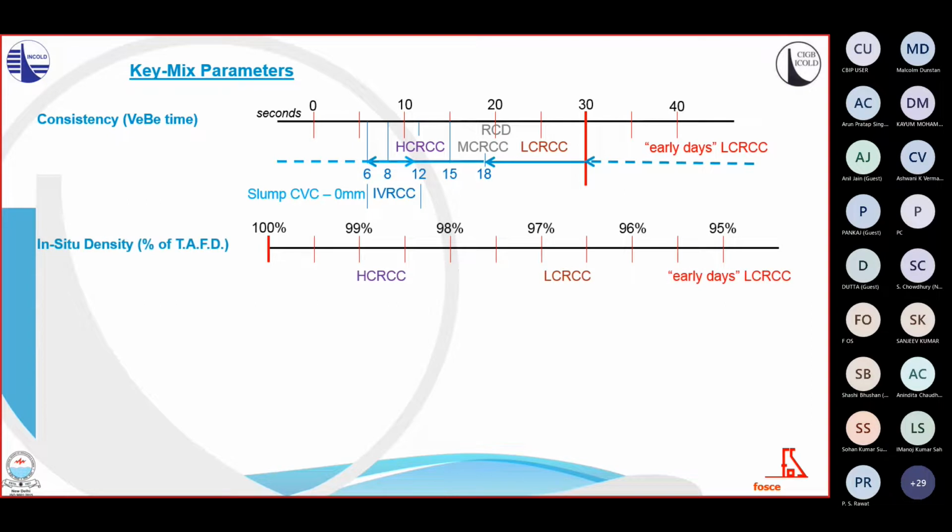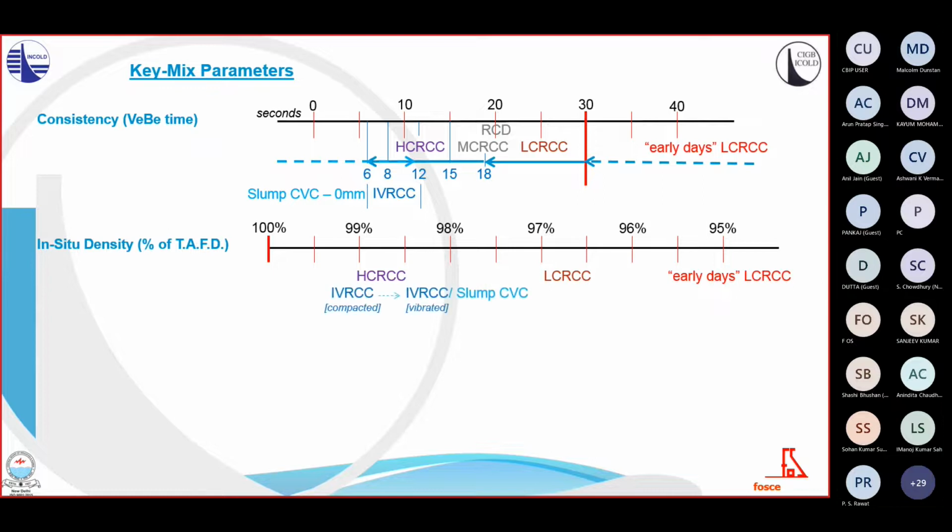The next parameter is the in-situ density achieved by the concrete in percent relative to the theoretical air-free density of the mix. The relative density has been always higher in high cementitious mixes, which typically achieve a much better compaction of the materials. The indicated values are those usually found in the technical specifications for each type of RCC dam concept.